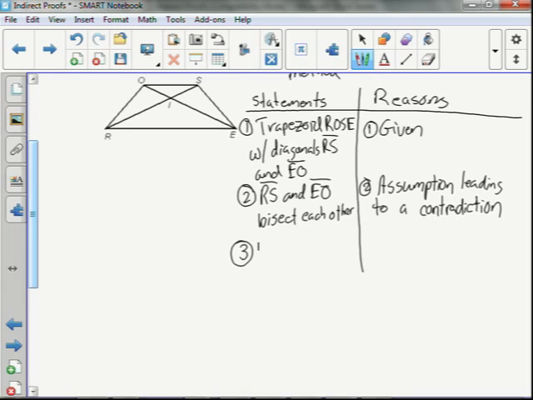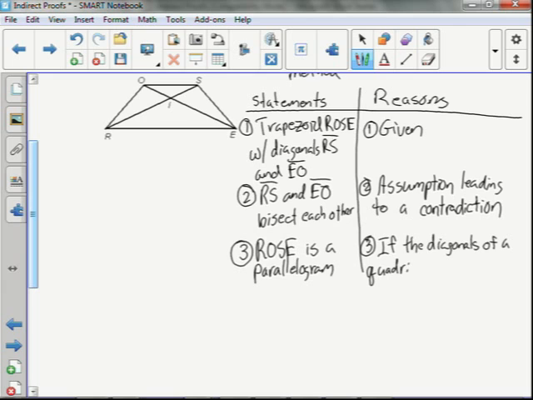So we could say ROSE is a parallelogram. And the reason is if the diagonals of a quadrilateral bisect each other, then the quadrilateral is a parallelogram.